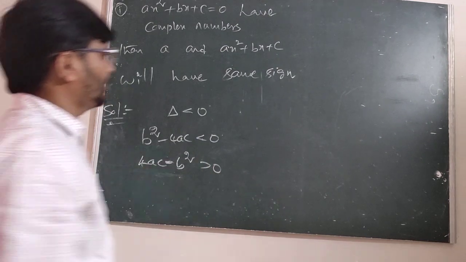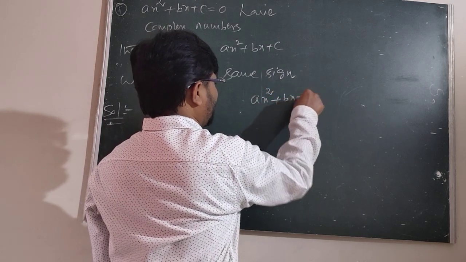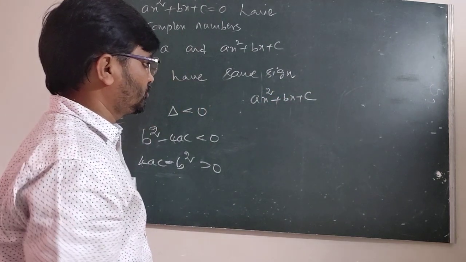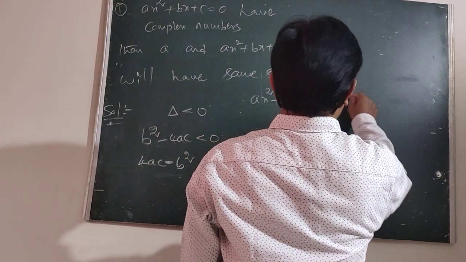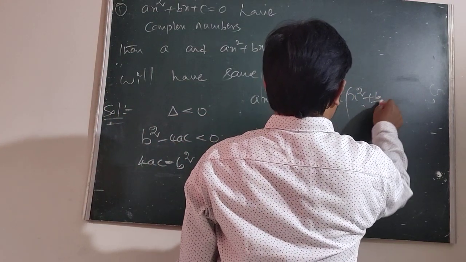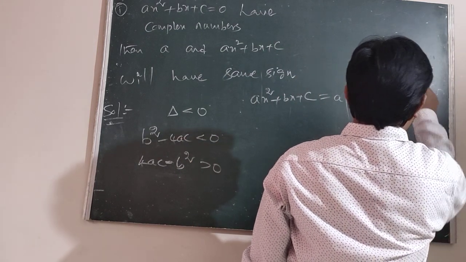The given quadratic expression ax square plus bx plus c can be written as a into x square plus b by a into x plus c by a.